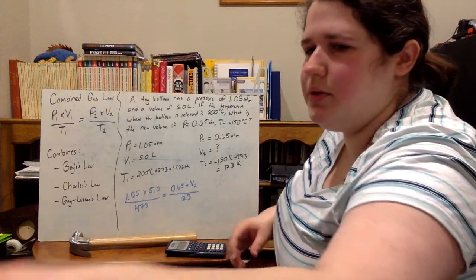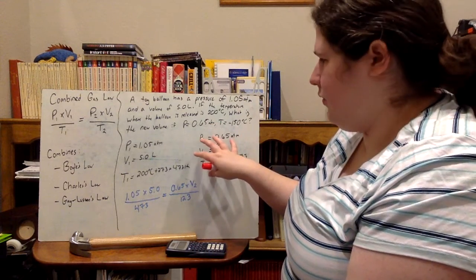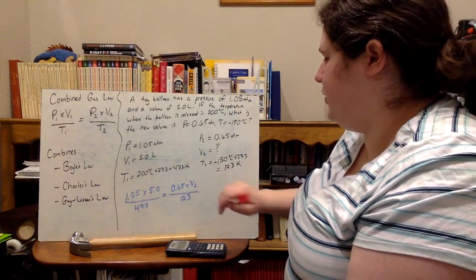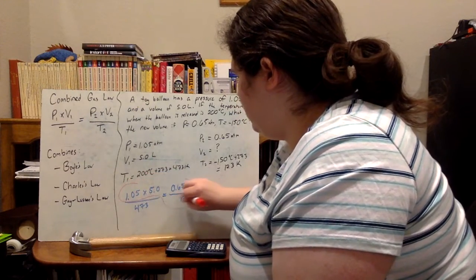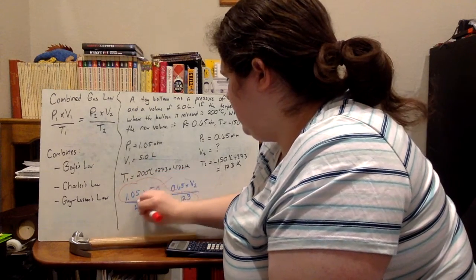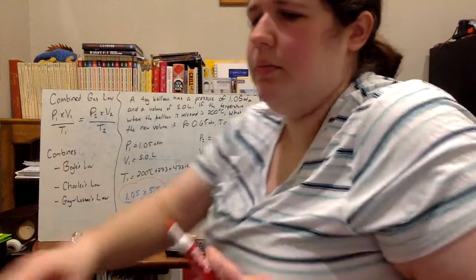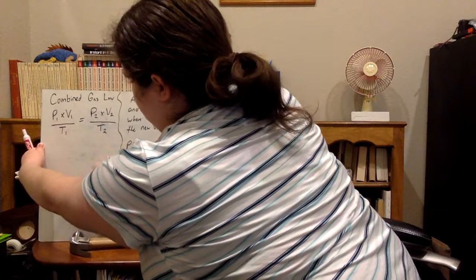Plug in your variables. Okay, so I've identified the variables from the problem and plugged them in. Now it's time to rearrange and solve for V2. So I'm going to use the butterfly or cross multiplication method. I'm going to get rid of some of this to create a little more space.